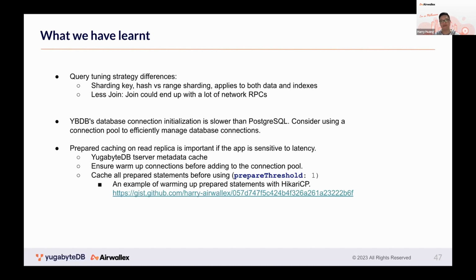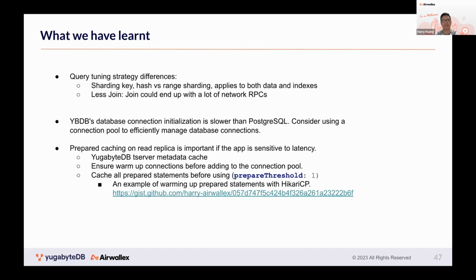However, there are a few other caches we have to do on our application side. To begin with, it's the connection pool that I just mentioned. And secondly, we have to cache all the prepared statements. Otherwise, the first time you use a prepared statement, you need to fetch all the metadata from different locations, and the latency will be quite big from our experience.